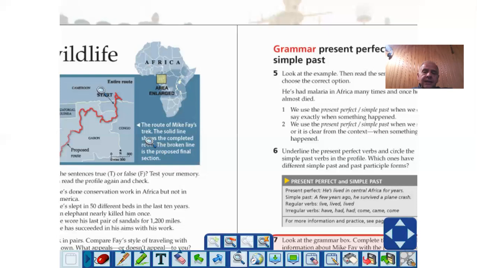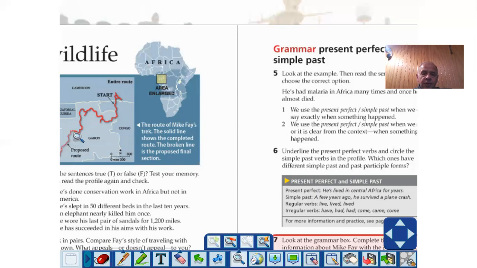So that means that this guy walked all this way. Imagine we have countries in here. The proposed route was all this up to here, but he did up to here only.